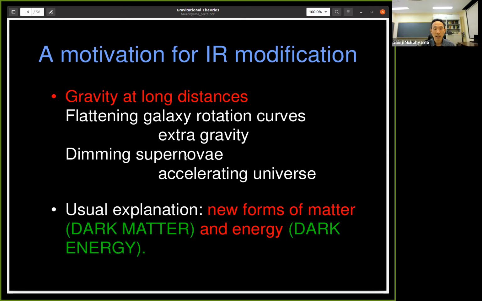These phenomena suggest that we need extra gravity in the IR, and by the way, IR means long distance or long time scale or low energy. Usually people try to explain these interesting phenomena by introducing new forms of matter, namely dark matter, and a new form of energy, namely dark energy.